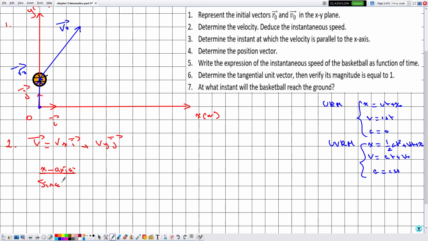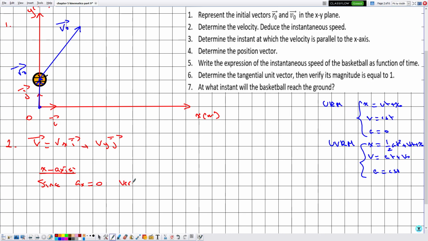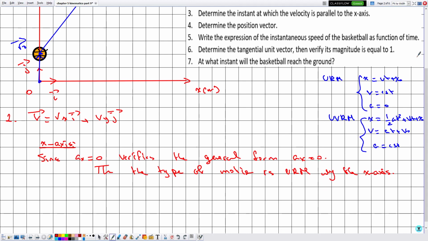In this case, the acceleration along the x-axis is equal to 0, which verifies the general form of URM, then the type of motion is URM along the x-axis, and by this we can directly use these equations: x is equal to vxt plus x0, vx is equal to a constant, ax is equal to 0.